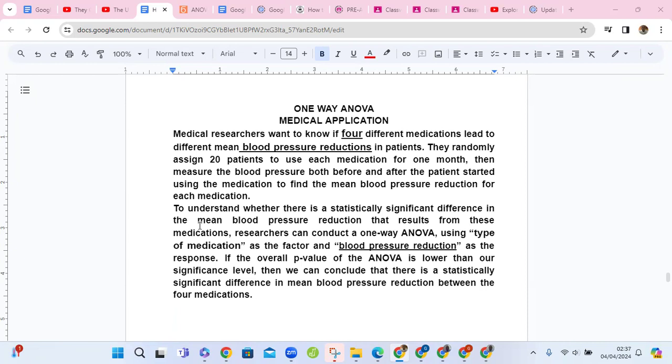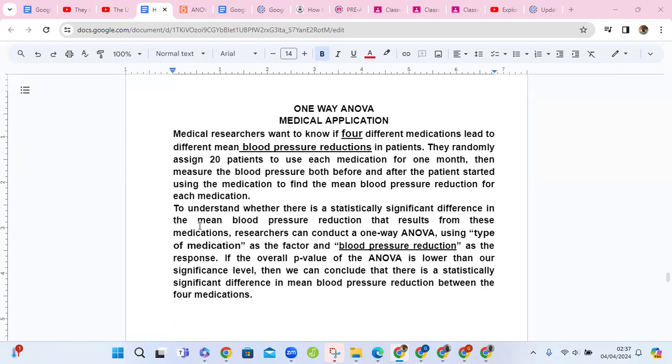So overall, there are four different types of medications, and you've got four different groups of people. The blood pressure is measured before the application of the medication and after the medication was applied.